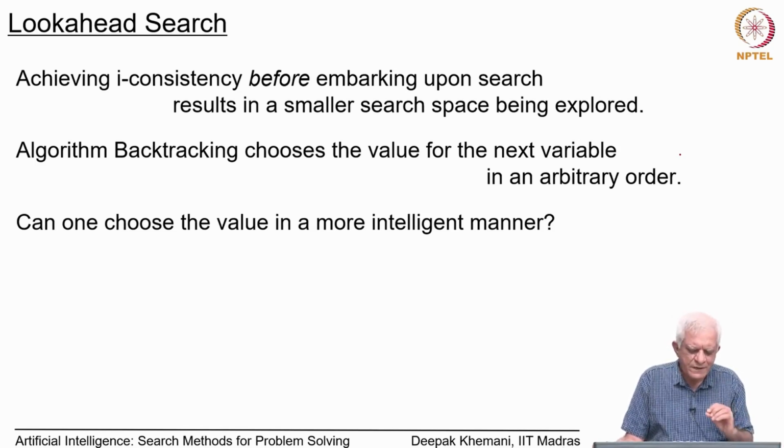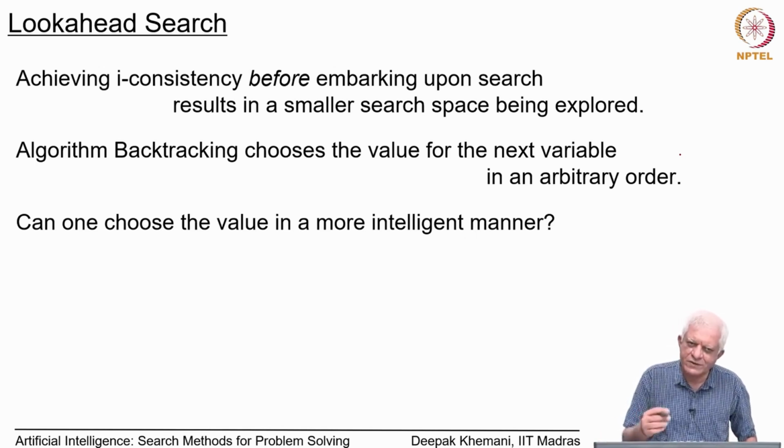So, can we choose the value in a more intelligent manner, and by this in look ahead search we mean we are considering the value and whether we accept it or not, can we do that in a more intelligent fashion. What backtracking did was that for that value you checked whether it was consistent with the past variables or the earlier variables. What look ahead search does is it also looks at future variables and sees whether it is a good value for that.